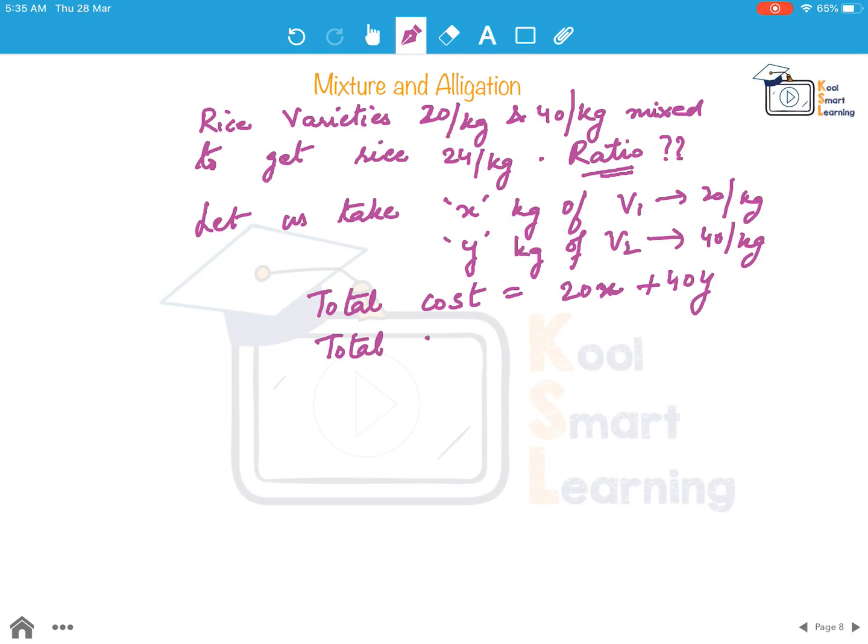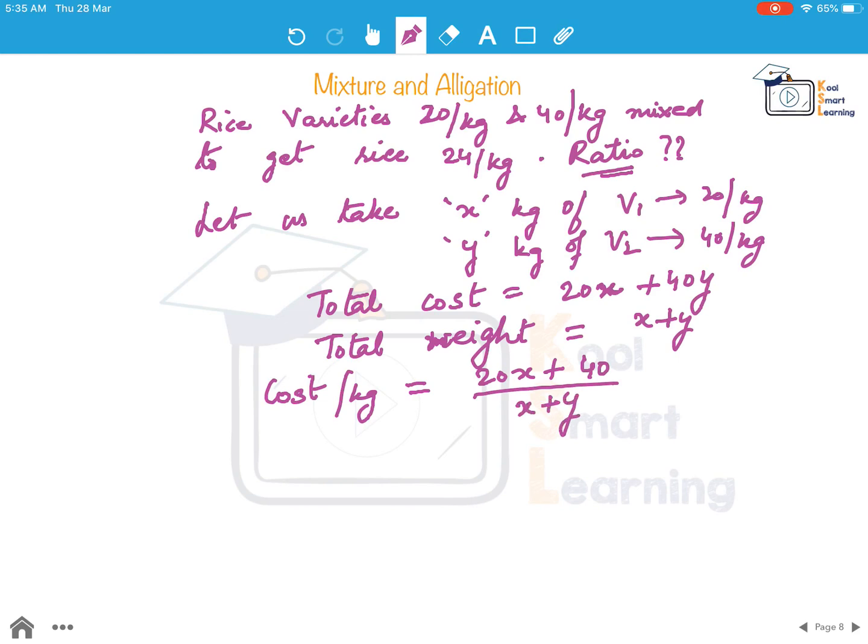And what is the total weight of the mixture? This will be X plus Y kg. So what is the cost per kg? This can be given as 20X plus 40Y divided by X plus Y, and this is given to be 24, right? We are given this value as 24 per kg.